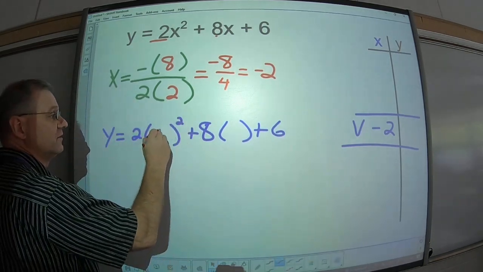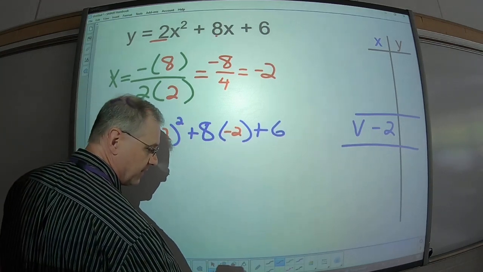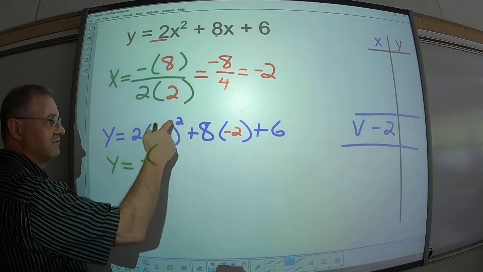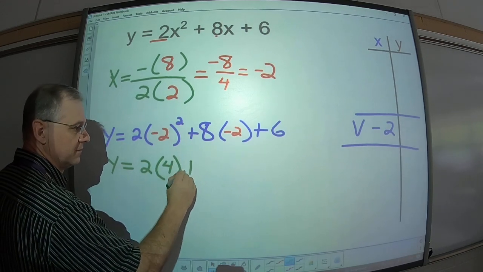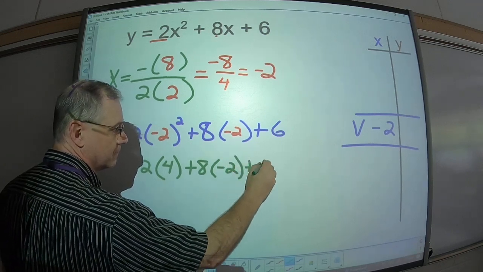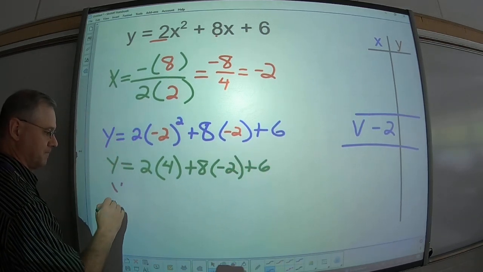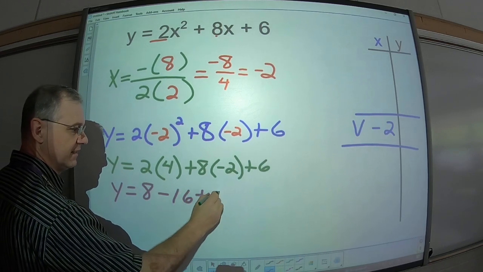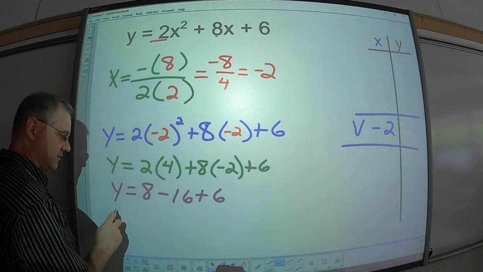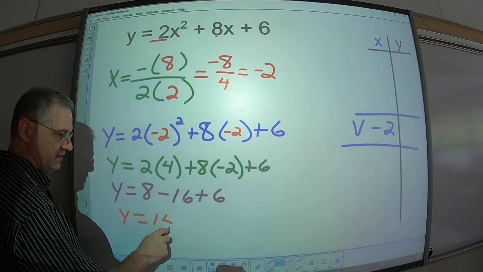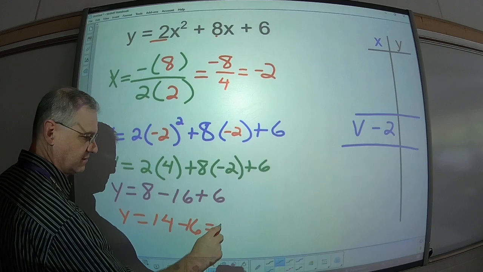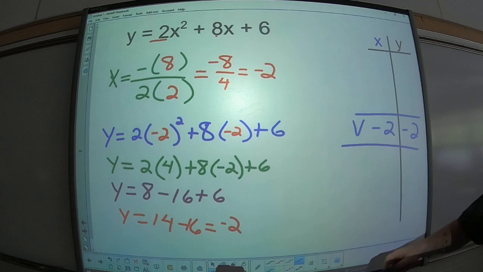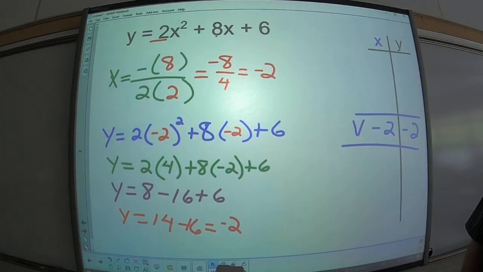Now we'll fill those in with -2 in this situation, and go ahead and simplify. 2 times -2 squared is +4, so that's 8 minus 16 plus 6. So 14 minus 16 is -2. So it turns out -2 is the vertex in this case.